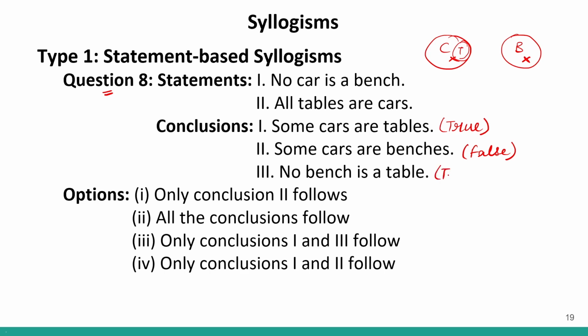So this is also a true statement. No bench is a table. Correct? Now if I look at conclusions, conclusion 1 and 3 are true but conclusion 2 does not follow. So if I look at the options, option number 3 says only conclusion 1 and 3 follow. This will be my answer because only conclusion 1 and 3 follow. Okay?